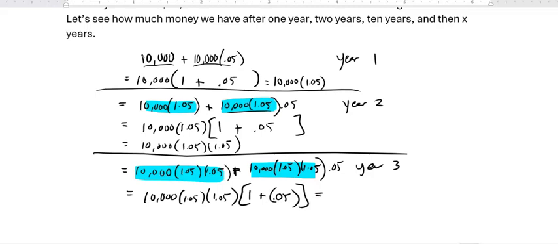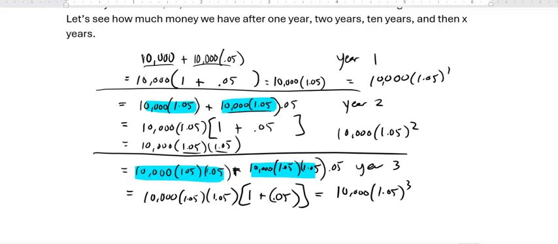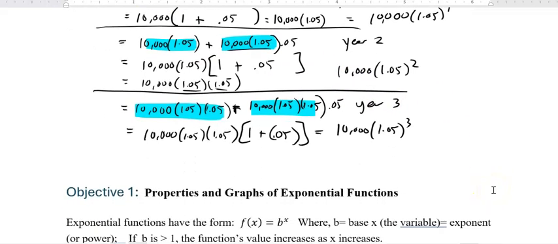Okay, and then you can see this is just $10,000, the initial amount, times 1.05 to the third. Right? And this would be $10,000 times 1.05 to the second. There's 2 of those. And this, of course, would be $10,000 times 1.05 to the first. Okay, and you could write a little formula. You see where we're going with this.